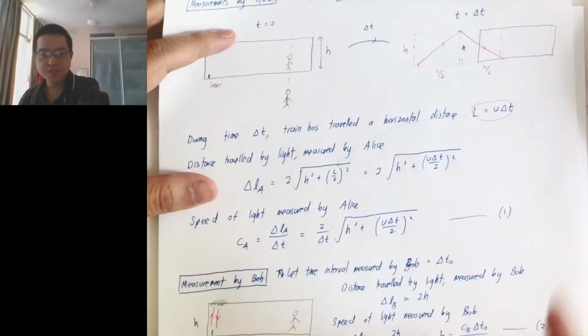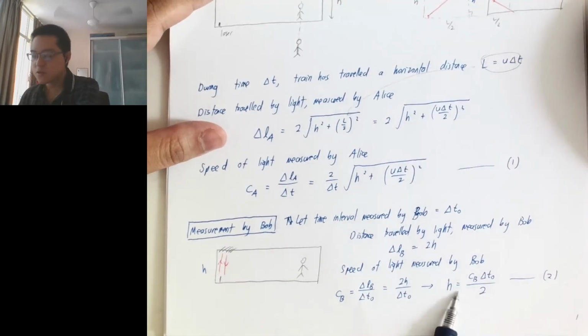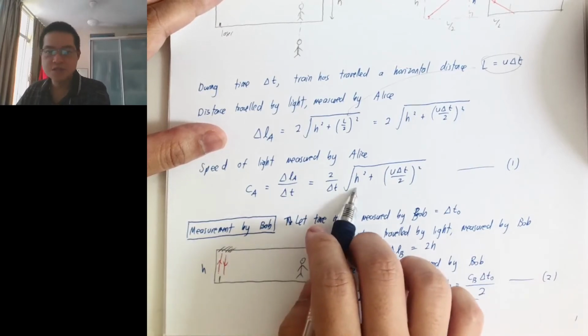So right now I have two equations, right? I'm going to substitute equation 2 into 1. Equation 2 is an expression for h, so I'm going to substitute this h inside here.